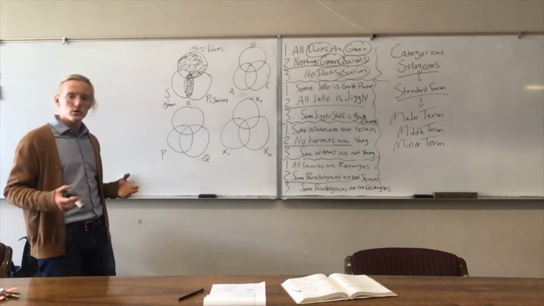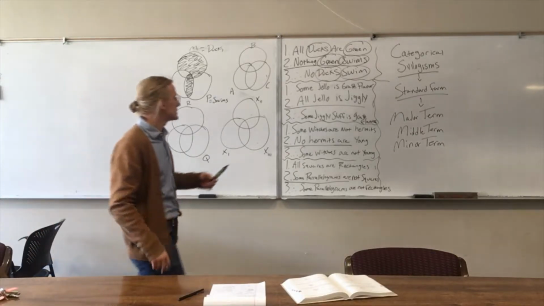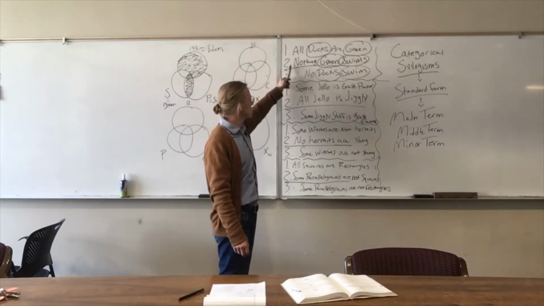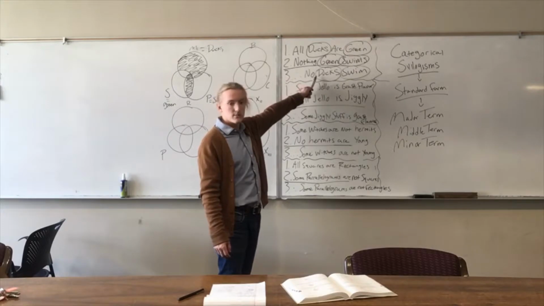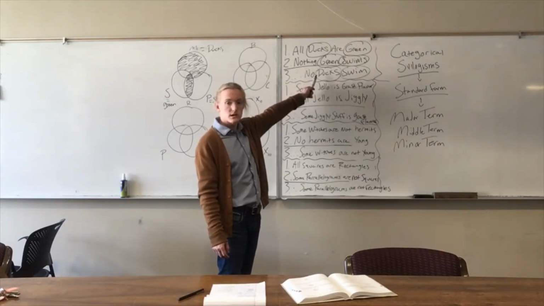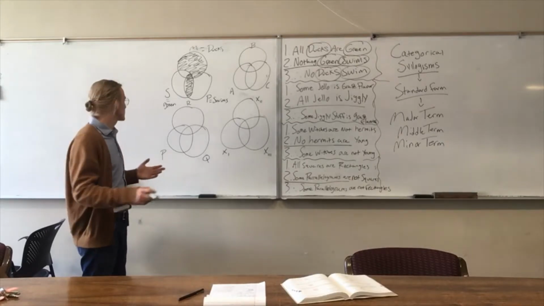And so when we're looking at the validity using Venn diagrams of categorical statements, what we're going to do is fill in bubbles here, and then we're going to see if this statement holds, if this statement is possible given what we've drawn in our Venn diagram. So no ducks swim.